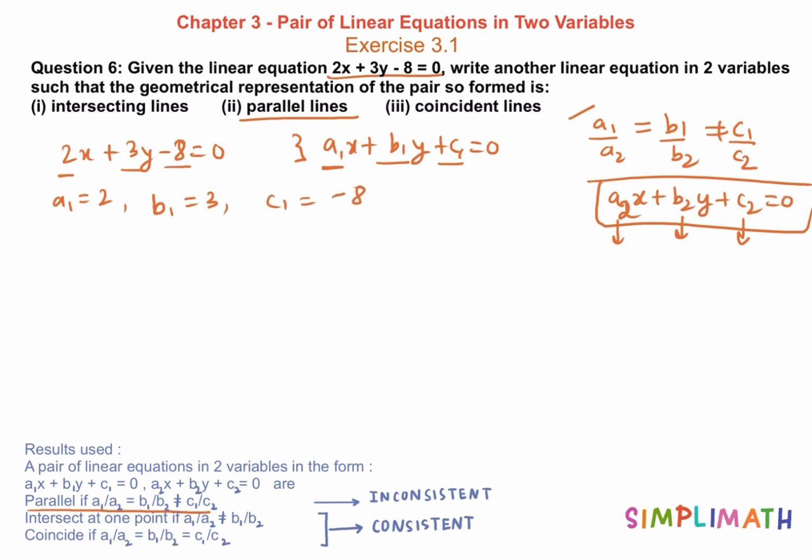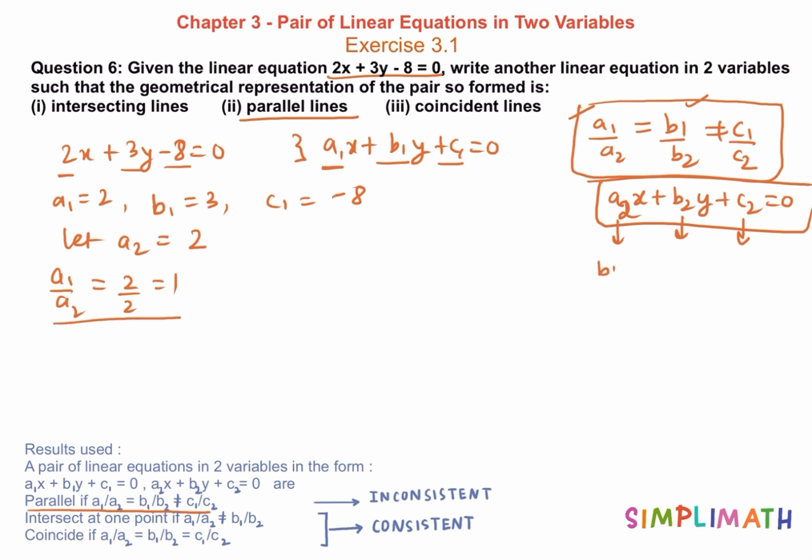Now let a2 be 2. So what do we get for a1 by a2? We get 2 by 2 equals 1, right? Now the condition is that a1 by a2 equals b1 by b2. So since a1 by a2 equals 1, b1 by b2 should be equal to 1.